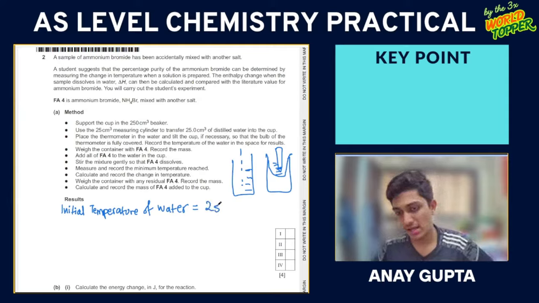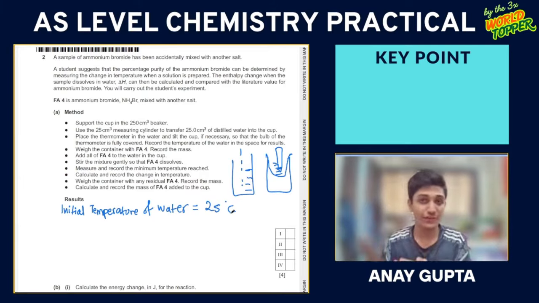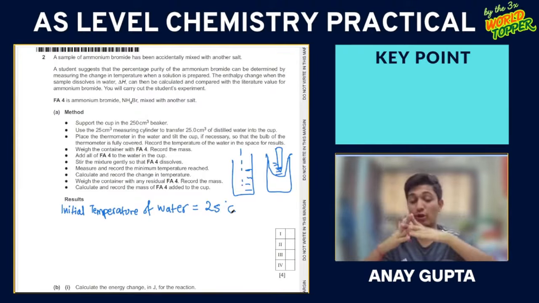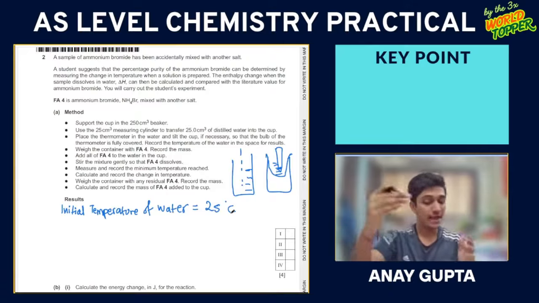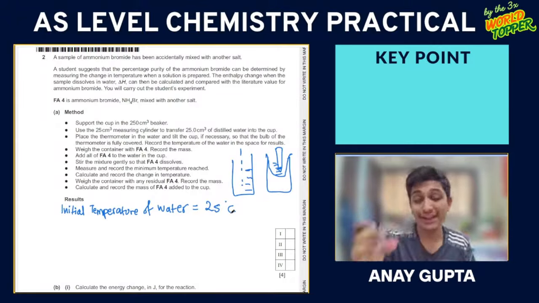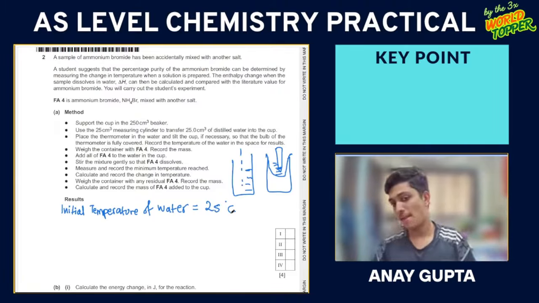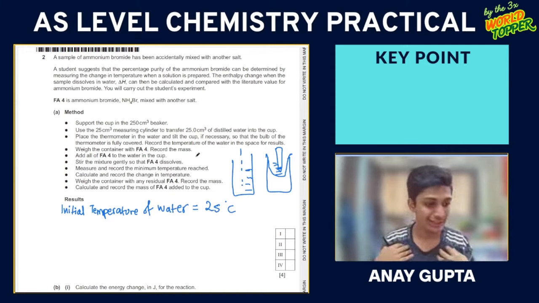So let's say my answer is 25 degrees Celsius. Now whatever thermometer you have been given, record your values to that particular least count. So if your thermometer is accurate to say 1 degree Celsius, then you have to leave it as a whole number. If it is accurate to 0.5 degrees Celsius, then you have to record it to 1 decimal place. Now let's say that my thermometer was accurate to 1 degree Celsius.